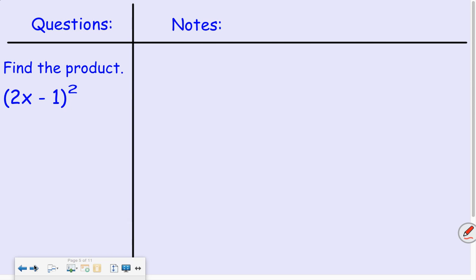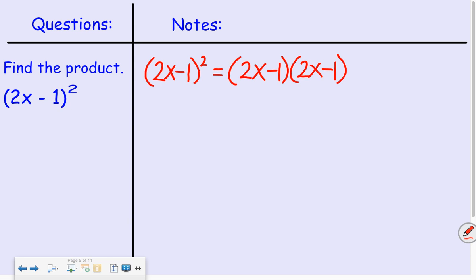All right, 2x minus 1 squared. Expand it into two binomials. FOIL.